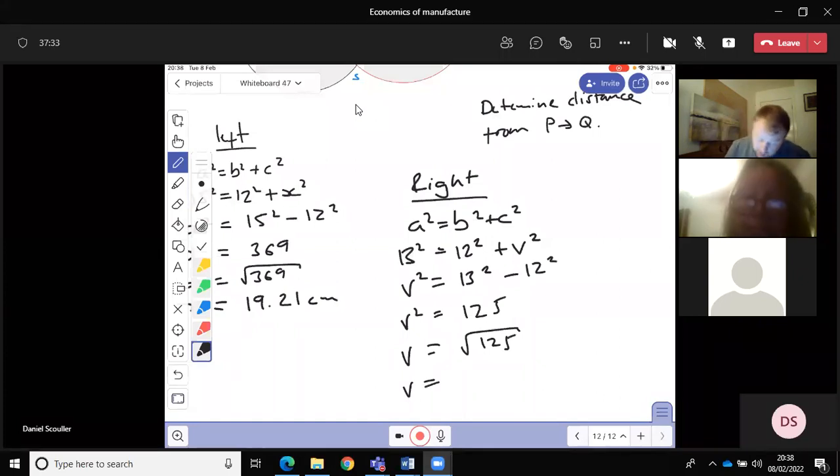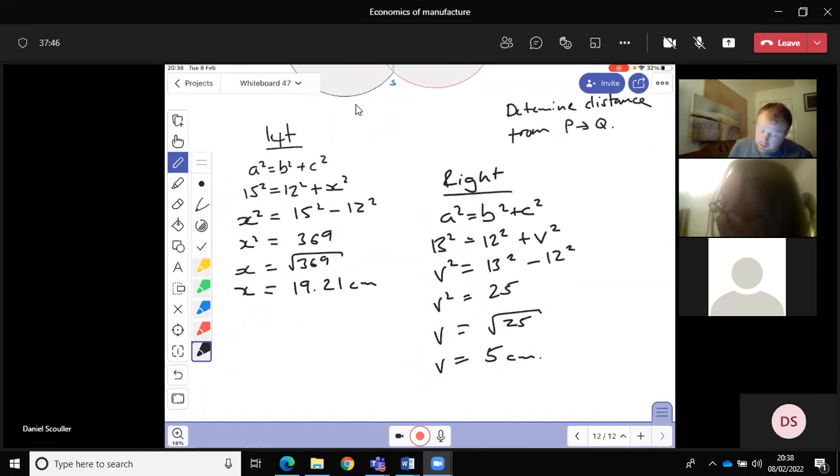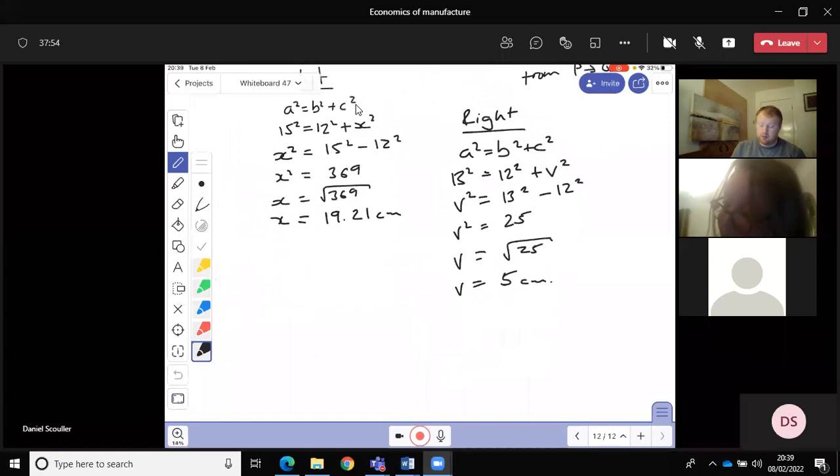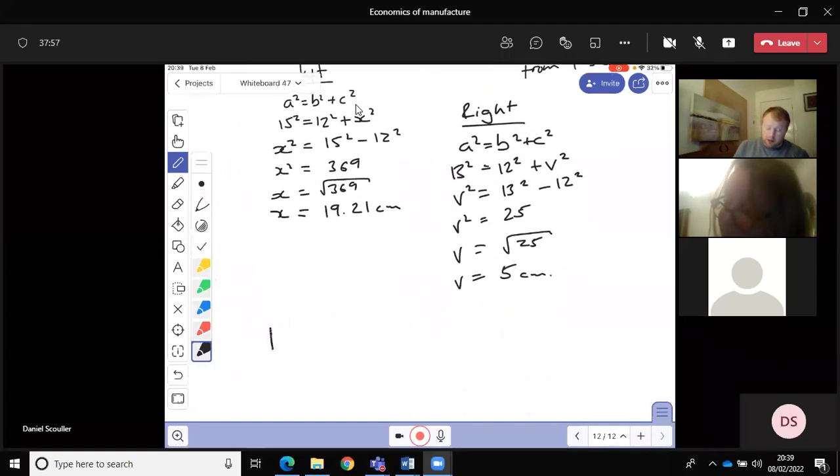Oh, no, not 125, just 25. Sorry. Okay, so we've worked out what x is and we've worked out what v is. So the length P to Q, so line PQ is x plus v.